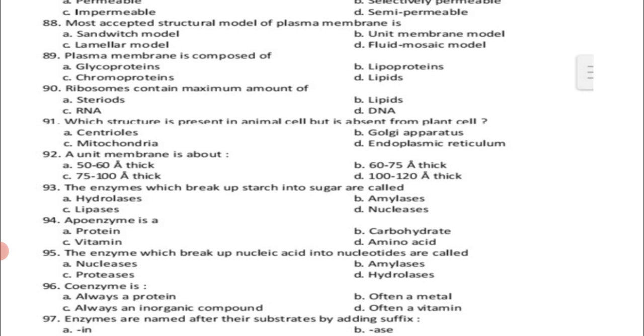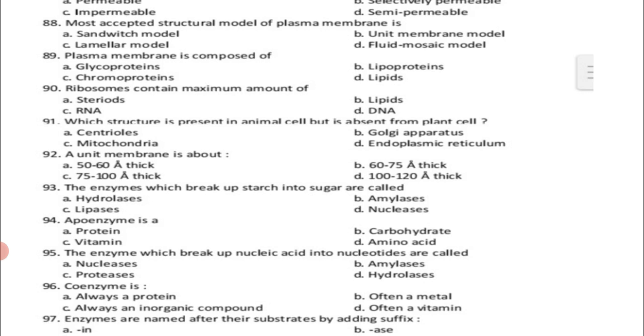Question number 94. Apoenzyme is. The apoenzyme is the protein part of the enzyme. Option A is the correct answer.